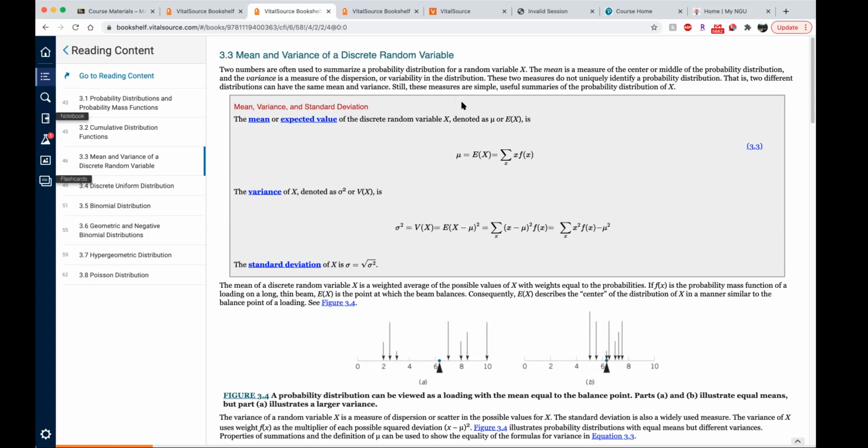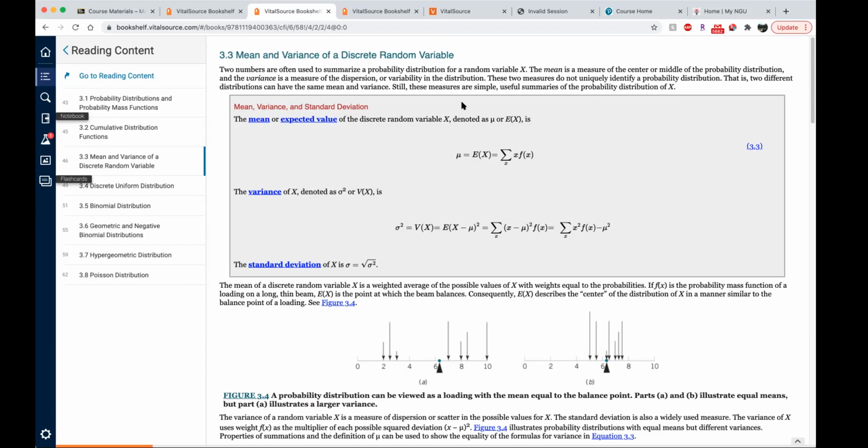So simply saying, the mean is one of the tools to measure the center of the sample space, and the variance is one of the tools to measure how spread out the data is. We'll see that the standard deviation is the square root of the variance.